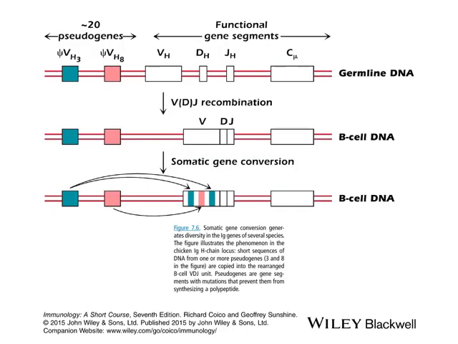Now, this particular slide is basically talking about somatic gene conversion. Remember, we get diversity in antibody production by recombining the gene.